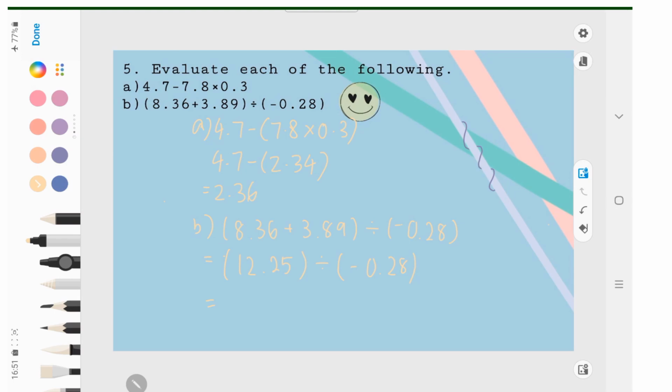Then we solve 12.25 divide negative 0.28. 12.25 is positive and negative 0.28 is negative, so the answer must be negative, and it is negative 43.75.